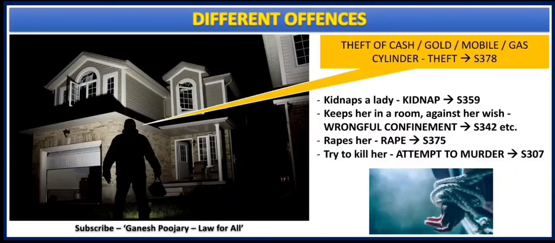This is the continuation of previous slide. There X has committed theft by taking cash, gold, mobile and gas cylinder, and his offense was the parts of the same offense as defined under section 378, and he will be punished for theft. That is what we understood in the previous slide. But the story continues here.